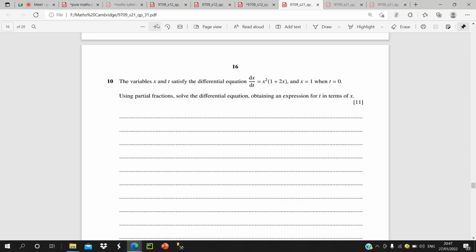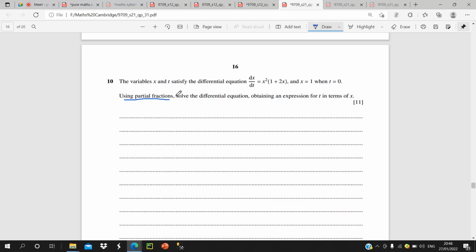They are also giving you a clue. You see, they are saying this one is our differential equation. Then they give you a clue using partial fractions. You are given a clue on how you are going to solve that.